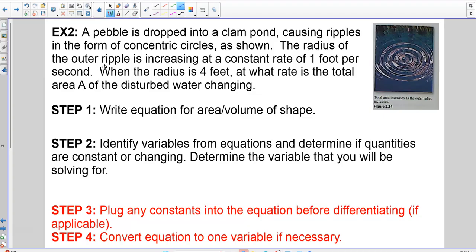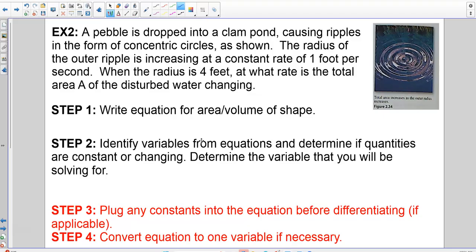While this is an actual application, nobody cares about dropping pebbles in ponds and seeing how fast the ripple goes out, although once again, we're oversimplifying it here. A pebble in a pond, nobody cares. But an earthquake in the ocean that causes a tidal wave that's expanding, people do care about that, right?